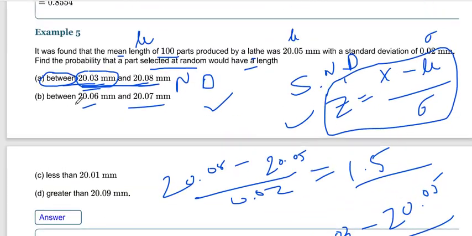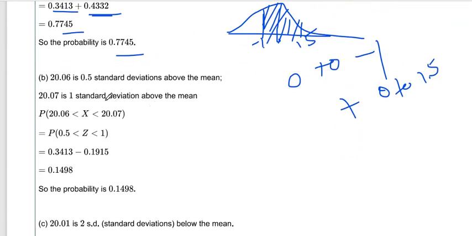Second, between 20.06 and 20.07, first of all convert that into Z. 0.5 to 1 we get the answer. So 0.5 to 1 means we have to calculate 0 to 1 minus 0 to 0.5.